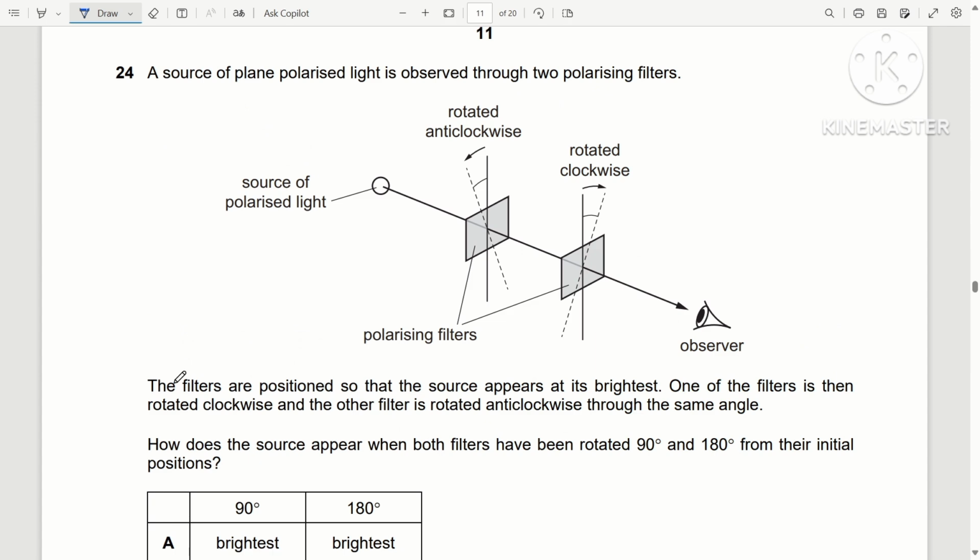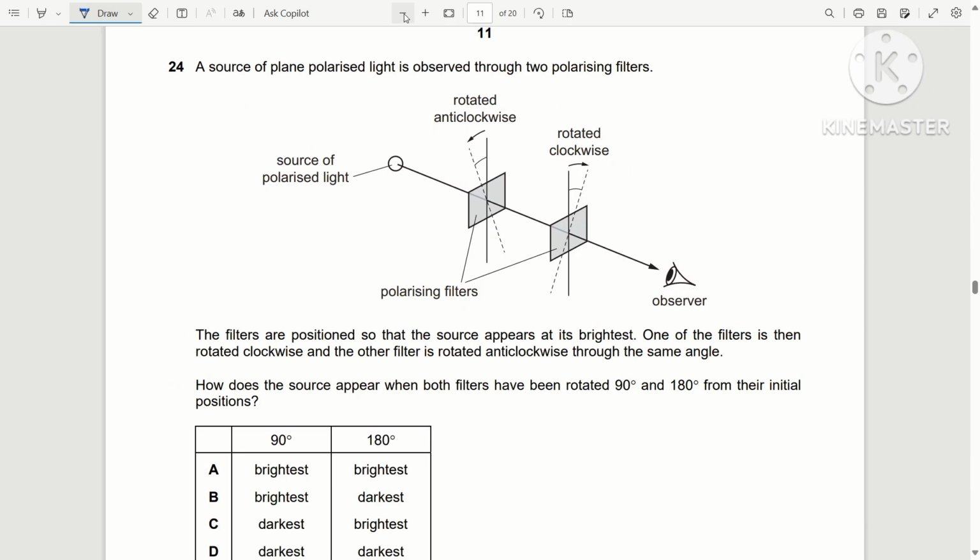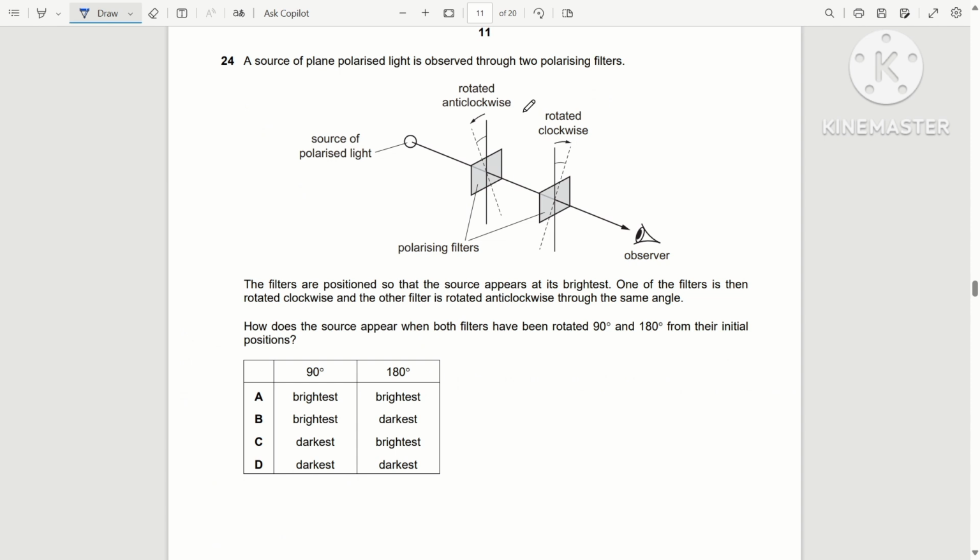24th question. A source of plane polarized light is observed through two polarizing filters, and the filters are positioned so that the source appears at its brightest. One of the filters is then rotated clockwise and the other filter is rotated anti-clockwise through the same angle. How does the source appear when both filters have been rotated 90 degree and 180 degree?